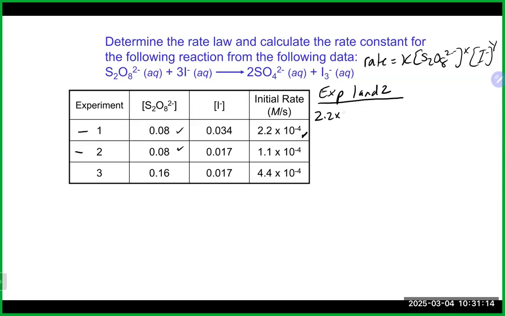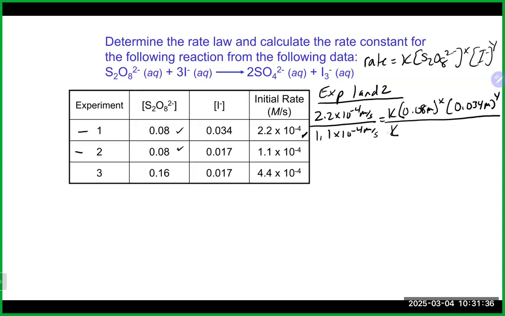So 2.2 times 10 to the minus 4 molar per second divided by 1.1 times 10 to the minus 4 molar per second would equal k, and we have 0.08 molar to the x and 0.034 molar to the y, divided by on the bottom our 0.08 molar to the x and our 0.017 to the y.